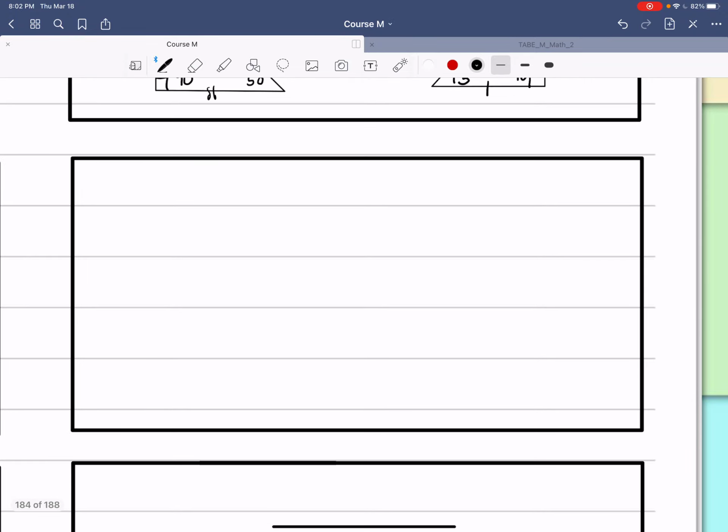What about an obtuse triangle? Well, I know what obtuse means, and you know what it means. It means bigger than 90. So it has one obtuse angle and two acute angles.